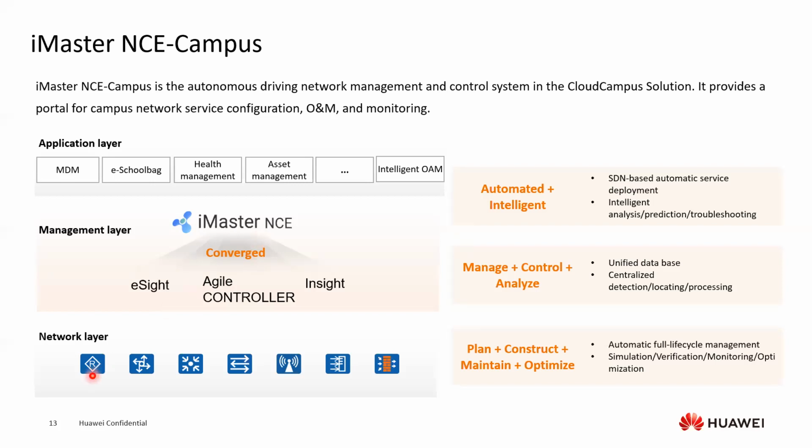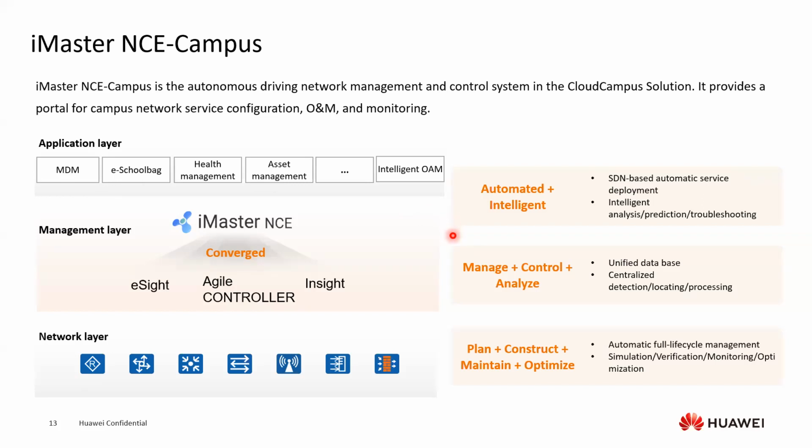On the network layer, all the network devices, from the routers, firewalls, switches, access points, and all the IoT network, can connect directly to this iMaster NC. And this iMaster NCE can even integrate with third-party applications through RESTful APIs for different applications like MDM, e-school bag, health management, and there is an application for asset management.